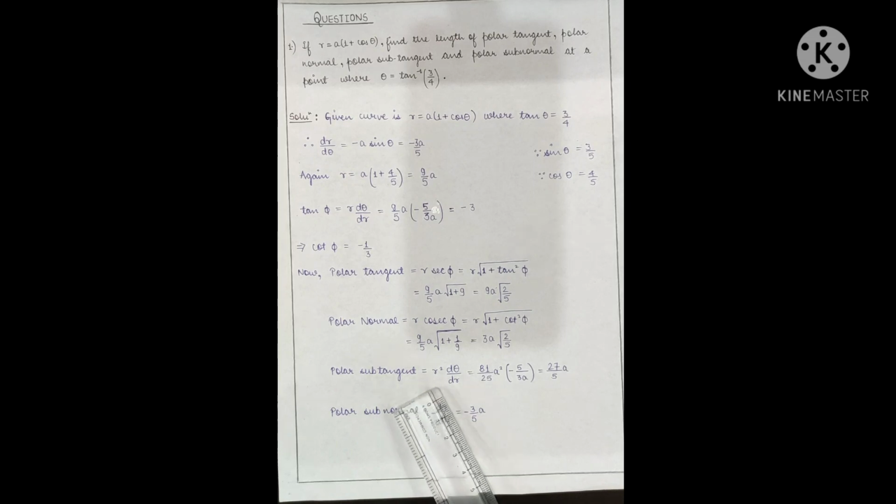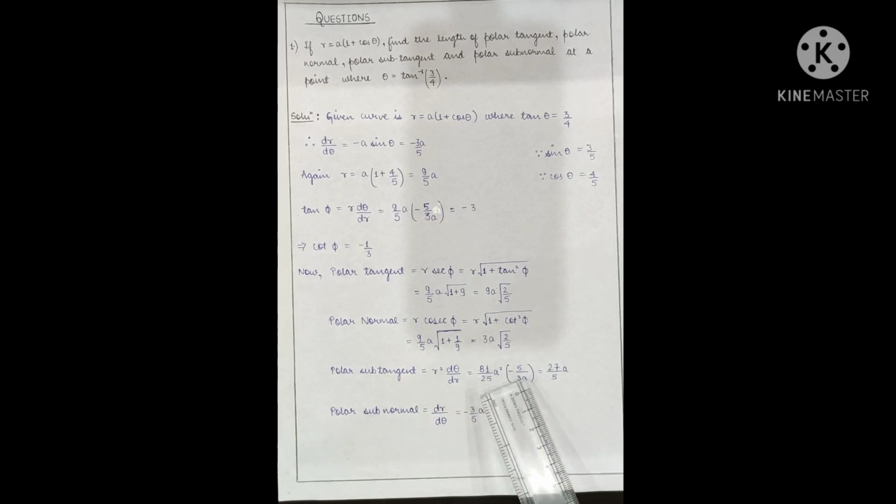Now for calculating polar subtangent, we use the formula r square into d theta upon dr. So we'll put the values. The value of r was 9 by 5a. We'll square that, it will be 81 by 25 into a square, into d theta upon dr's value. dr upon d theta was minus 3 by 5a, so we'll invert it and d theta upon dr's value will be minus 5 by 3a.